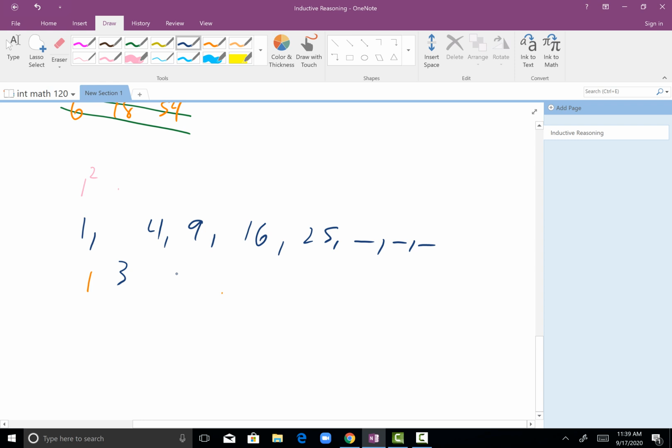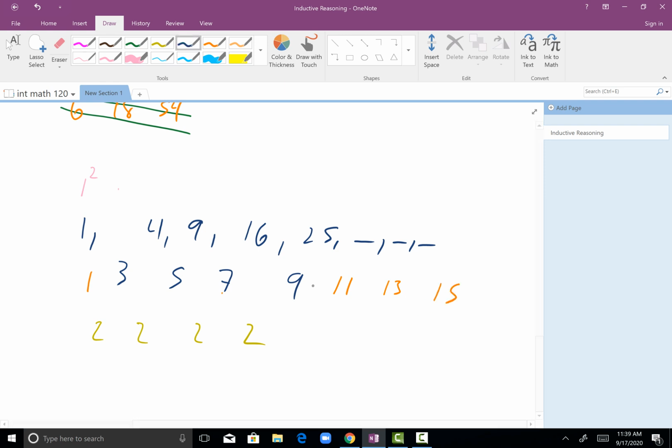So it'd be 3, 5, 7, 9. There we go. So the second set of differences is 2, 2, 2, and 2. So now we know what this difference has got to be. So that'd be 11, 13, 15.